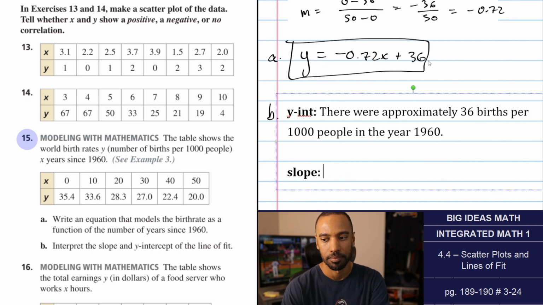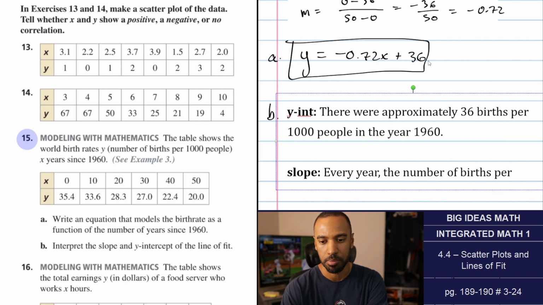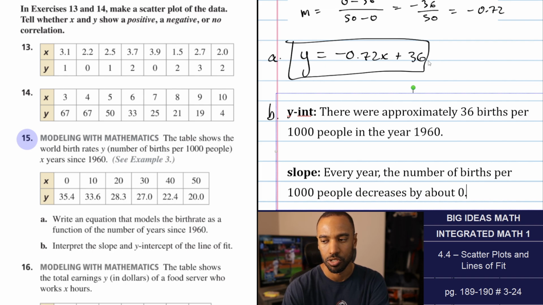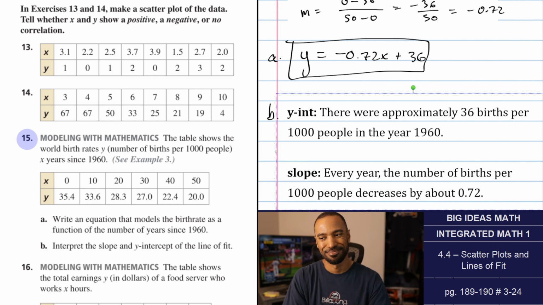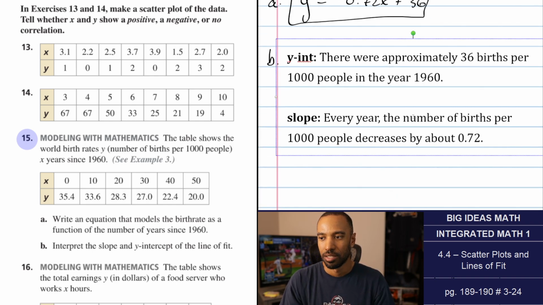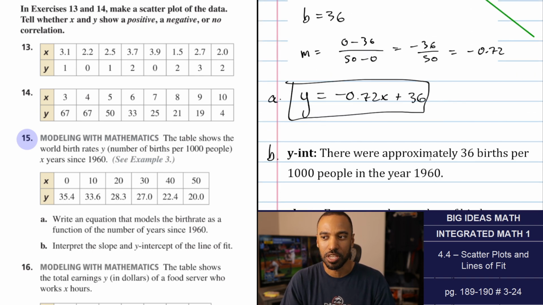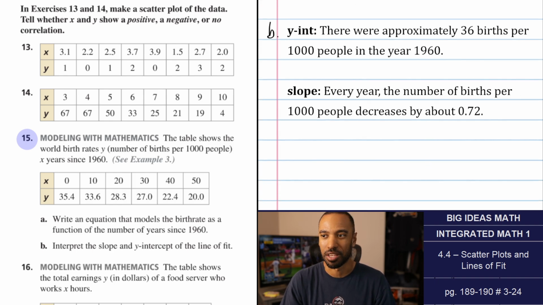Every year, the number of births per 1,000 people decreases by about 0.72. You decrease about 0.72 births per 1,000 people every year. Or over 50 years, a 36 births per 1,000 decrease. Okay, let's go to number 16.